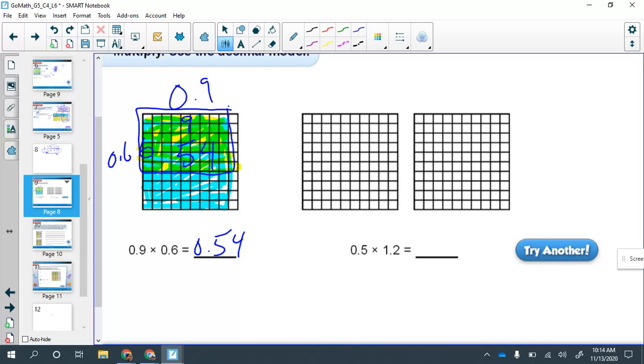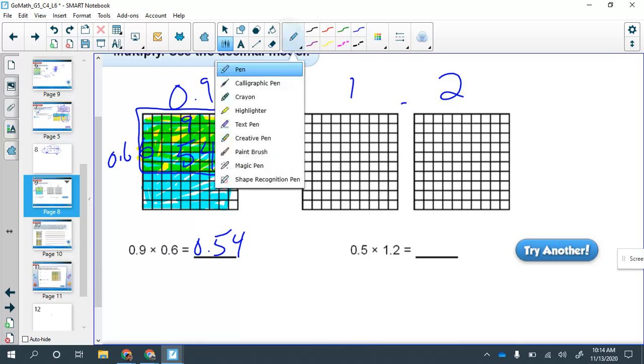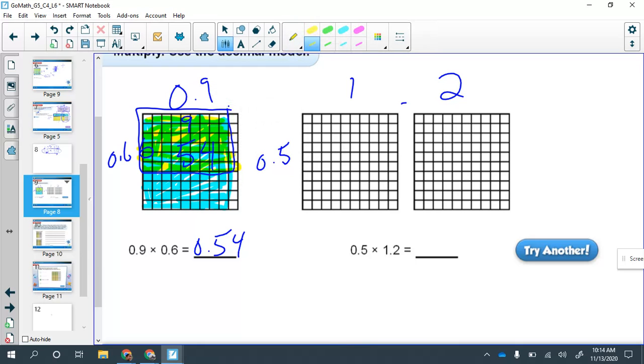All right, our next one. Remember, we're going to do the smaller number going across. We're going to do our larger number using both of our models. So let's go ahead and start here. We're going to shade in one full model, going up and down. And then after we get this one all shaded in, we're going to shade in 2/10 of our other model.